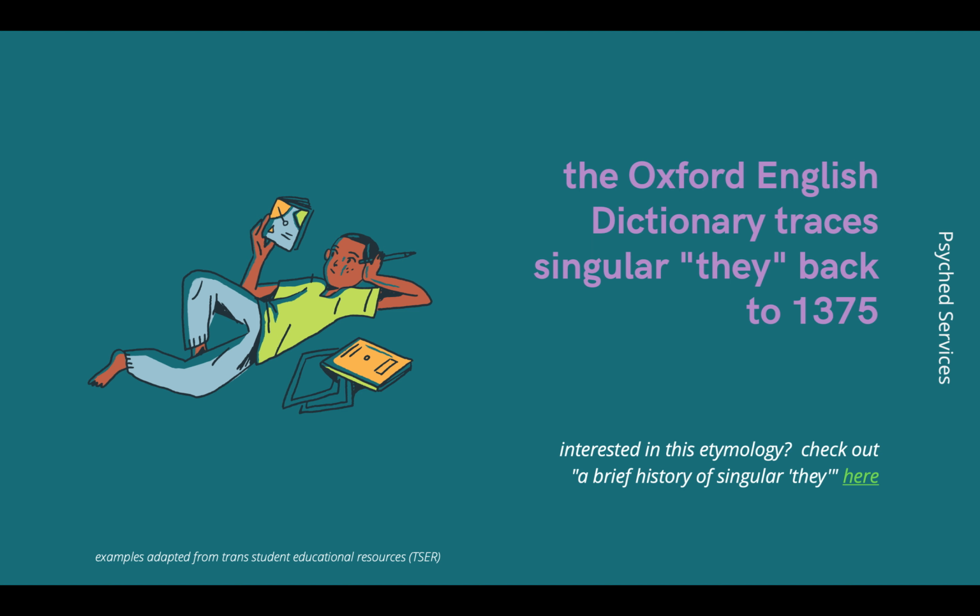It is completely acceptable, and it's not new. The Oxford English Dictionary uses singular they as far back as 1375. If you are an etymology person and you want to know the history of singular they, I do have a link there for you to check out some interesting facts about singular they.